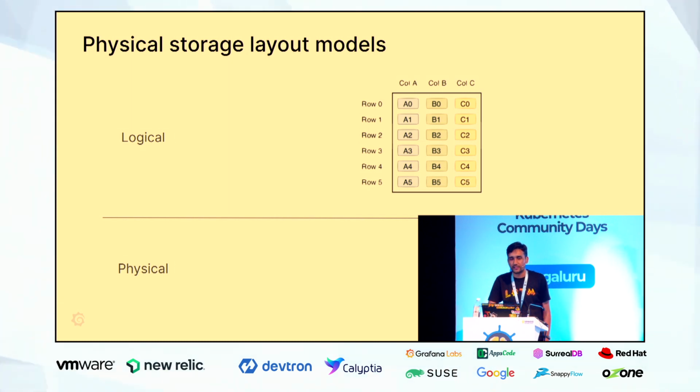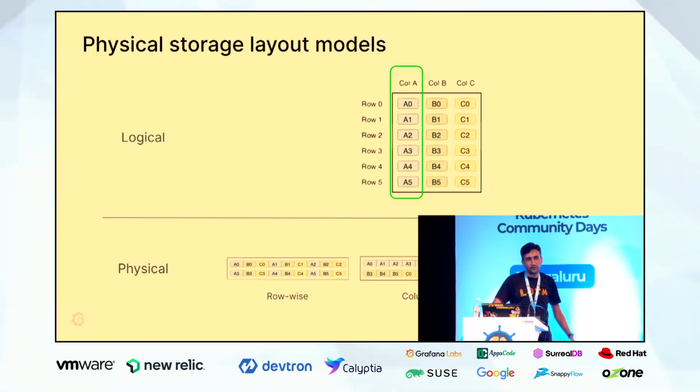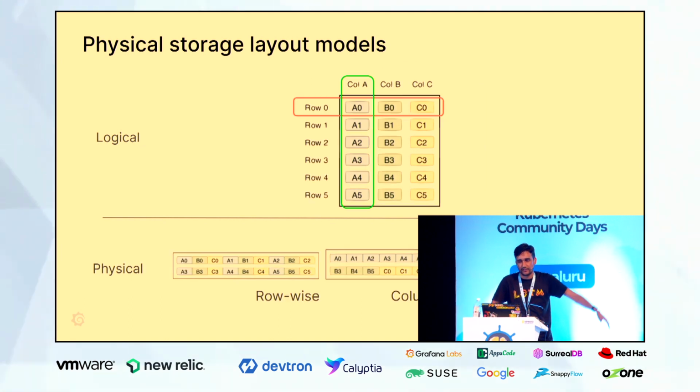So we'll talk about logical and physical storage layout, right? This is a table. You can see there are rows and columns. Physically, you can store it row-wise, where you store each row after another row, or you can store it columnar-wise, where you store a full column and then the next column, and like here you see A, B, C are stored sequentially, right?